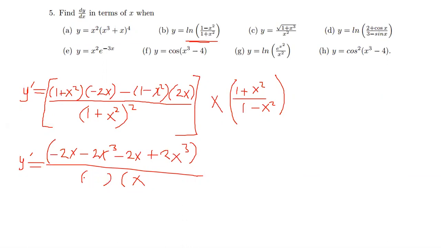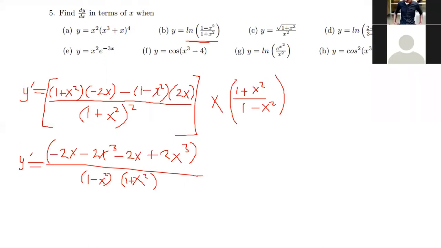So this is 1 minus x squared, then we have 1 plus x squared, like that. When you multiply this times everything there, it's just the same as saying 1 plus x squared cancels with that 1 plus x squared on top. Then you multiply them with that. So this is what you're going to have.